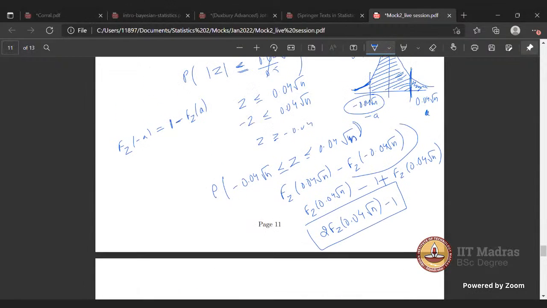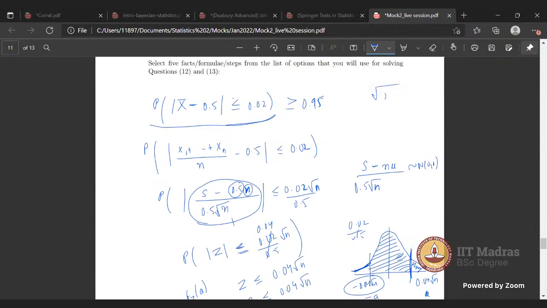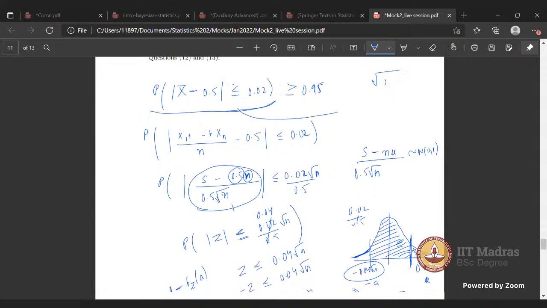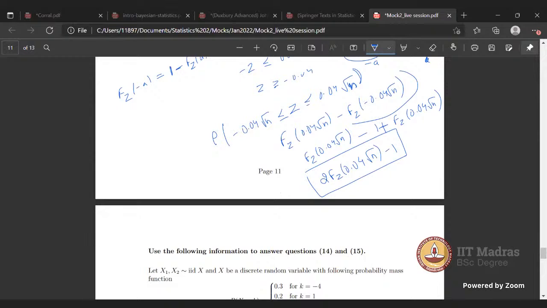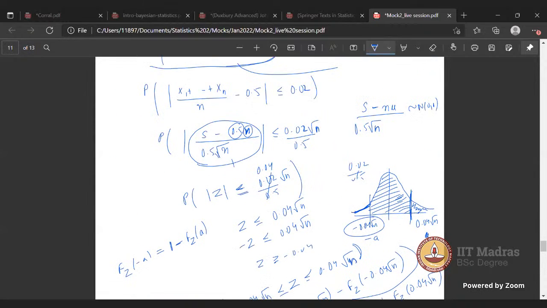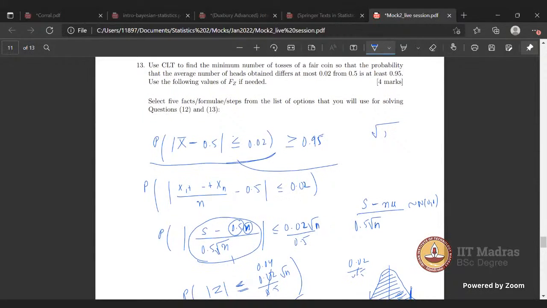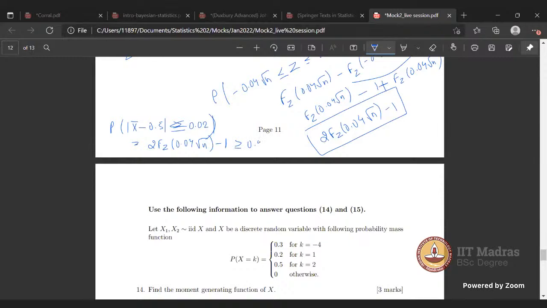And what is this equal to? We were calculating this part, right? So we were calculating the probability that mod of x minus 0.5 is less than equal to 0.02, which is the same as 2 times fz of 0.04 root n minus 1, and we have to find this greater than or equal to 0.95.